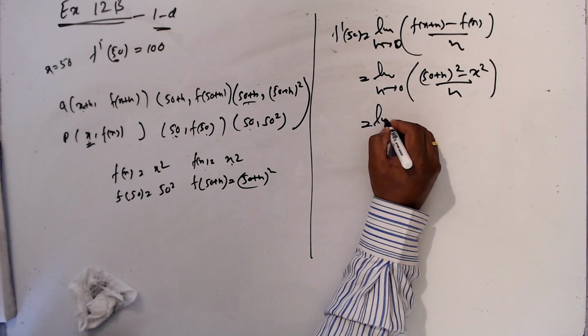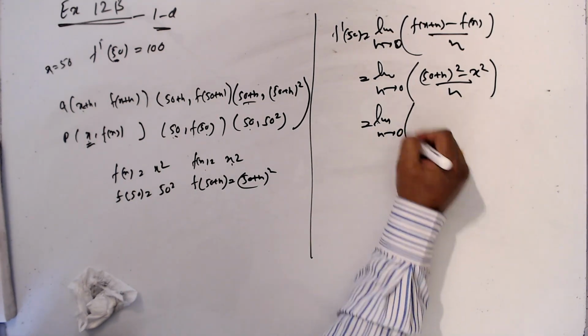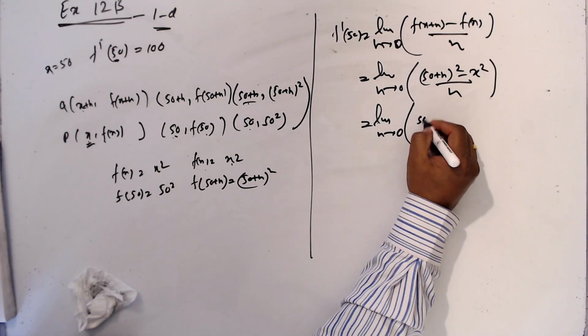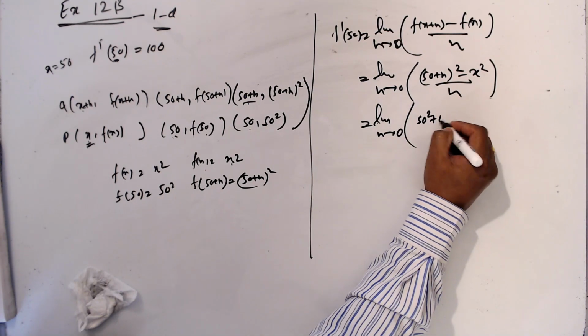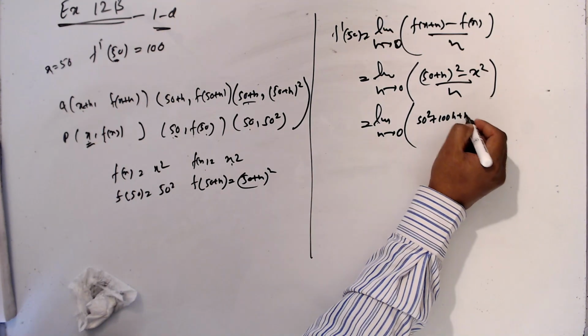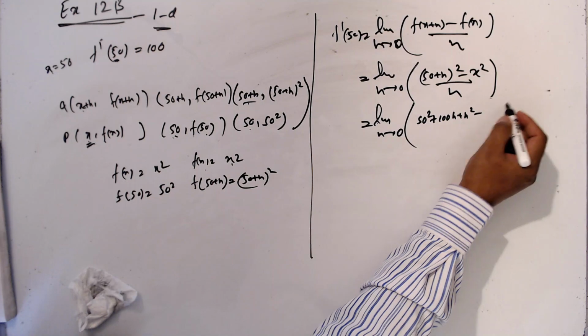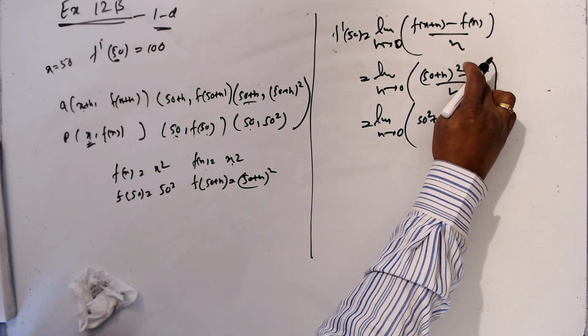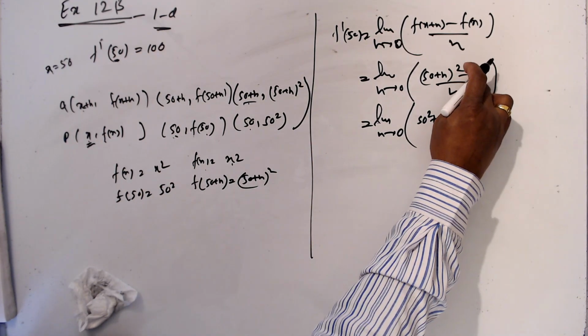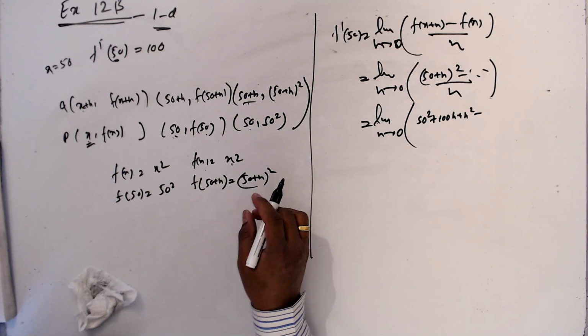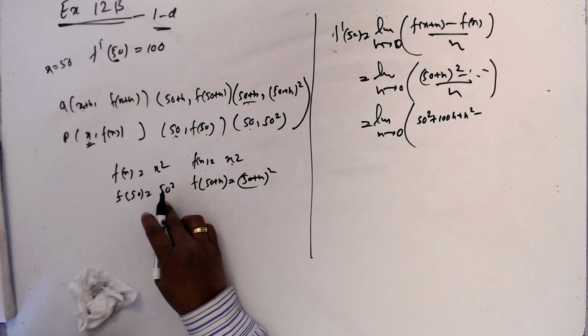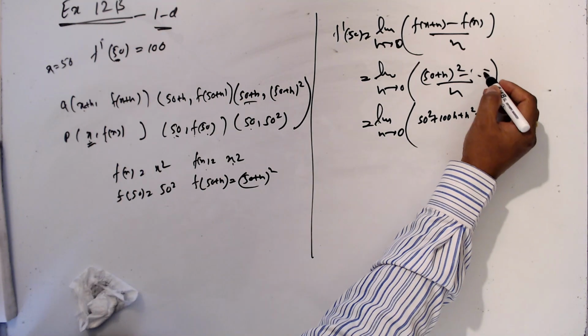Then let's simplify. Limit h tends to 0, 50 square plus 100h plus h square minus, sorry, this is not x square, this is 50 square.